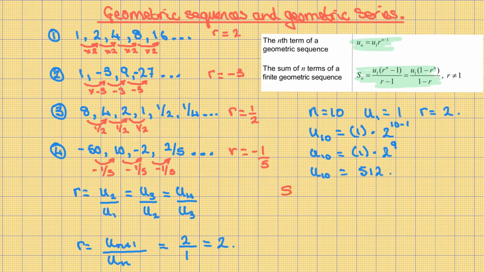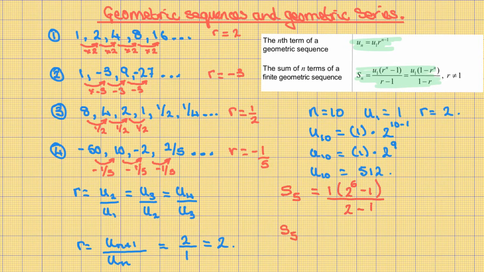in the first sequence. You could do that by just adding them up and they come to 31. But if you use the formula, S5 is equal to u1, which is 1, times r to the power of n, so that's 2 to the power of 5, minus 1, divided by r, which is 2, minus 1.